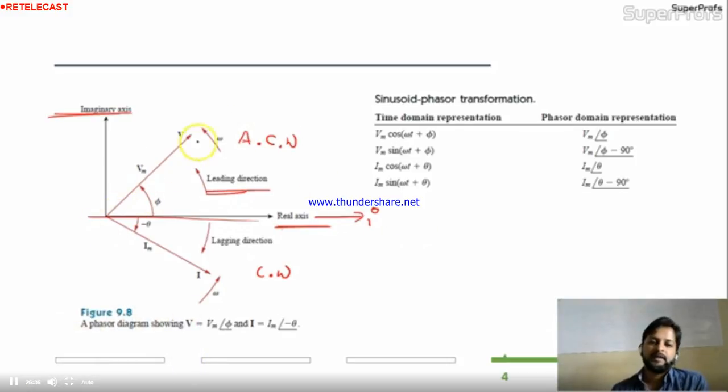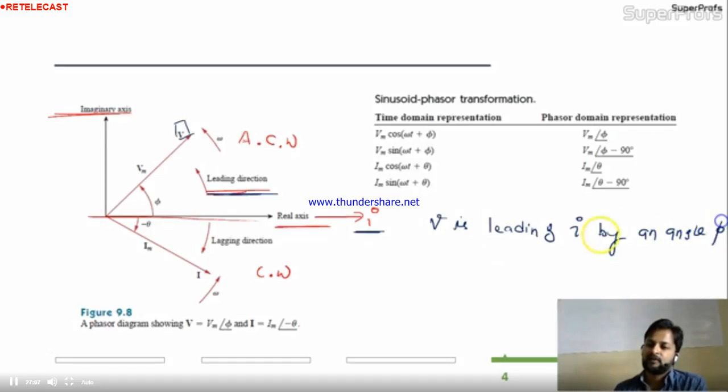And by this arrow, I'm showing V. If you observe, this V is making an angle phi from the x-axis. On the x-axis I have I, and after angle phi I have V. I told you earlier that this direction is the leading direction. So here I can say V is leading I by an angle phi.